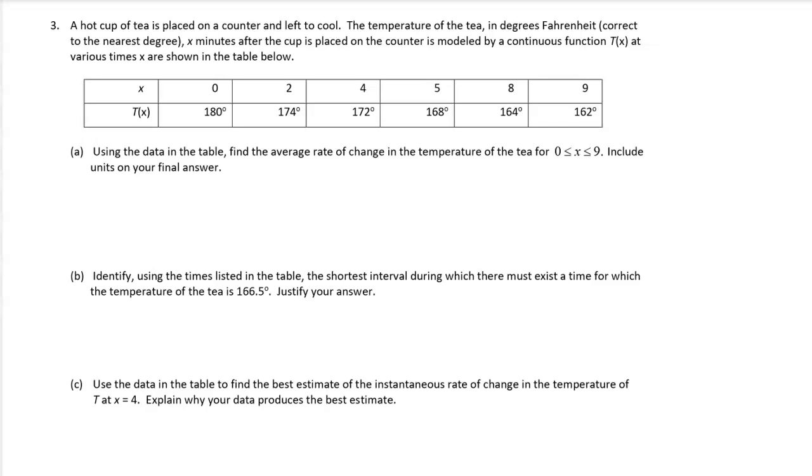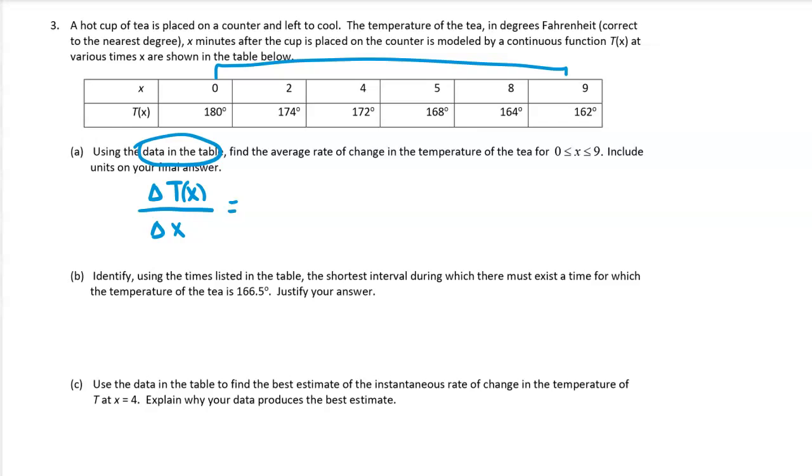Using the data in the table, so I don't want you making stuff up, just what I give you, find the average rate of change from 0 to 9. So that would be change in temperature over change in time. I hate that I used x for this, but I did just because I didn't want a capital T and a little t.